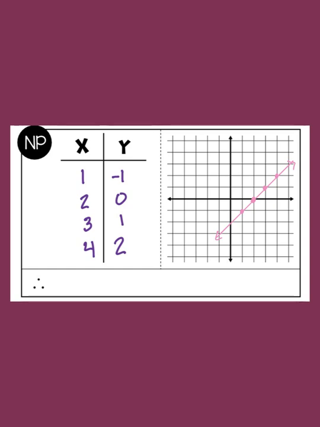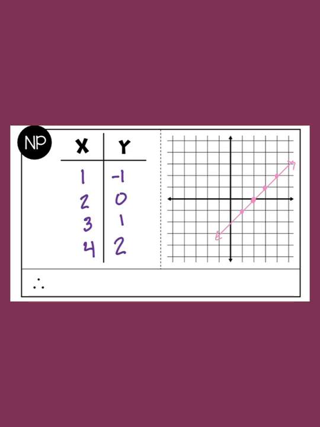I'm not multiplying the same thing every time. So I'm not saying 1 times something is negative 1. Now looking at it, do you see a relationship between x and y? Yes, there is a relationship. I'm subtracting 2 each time. And remember we said whatever you're adding by is your y-intercept?